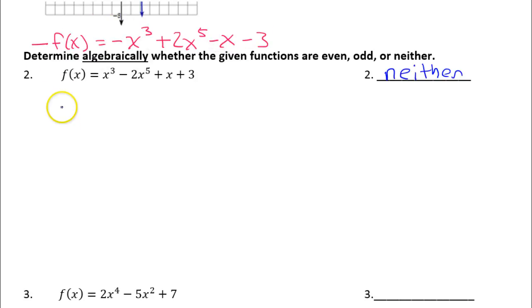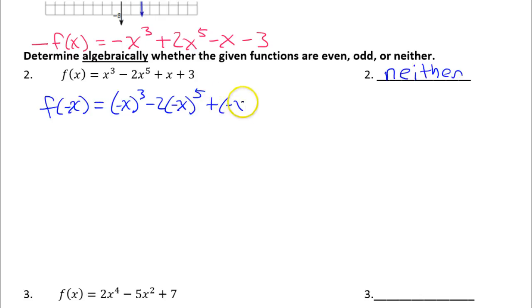Next, I want to do f of negative x and see what I get. So if I have negative x to the 3rd power minus 2 times negative x to the 5th power plus negative x plus 3. Let's just simplify this down and see what we get. If you have an odd power, the negative is going to stay.